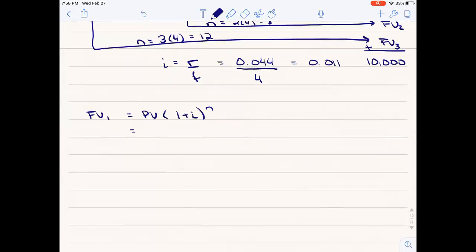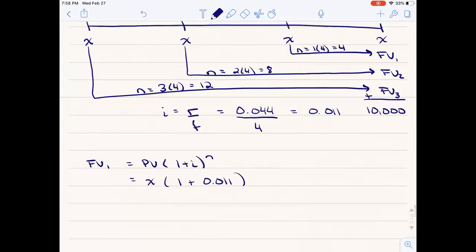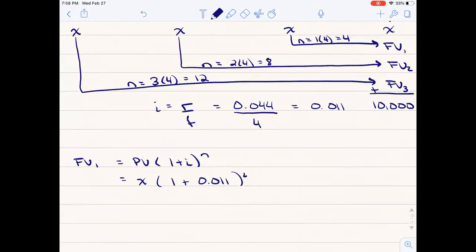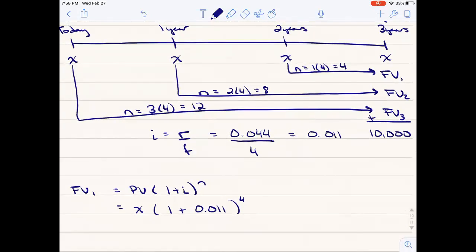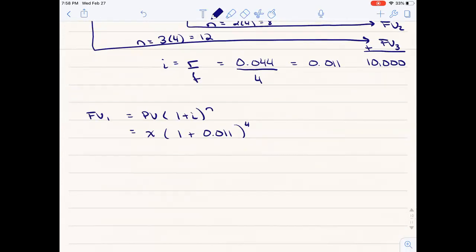So we've got x times 1 plus 0.011 to the power of 4 for this one. This is where you want to be careful with picking the right n for the one that you're solving for, but besides that, it's breezy.